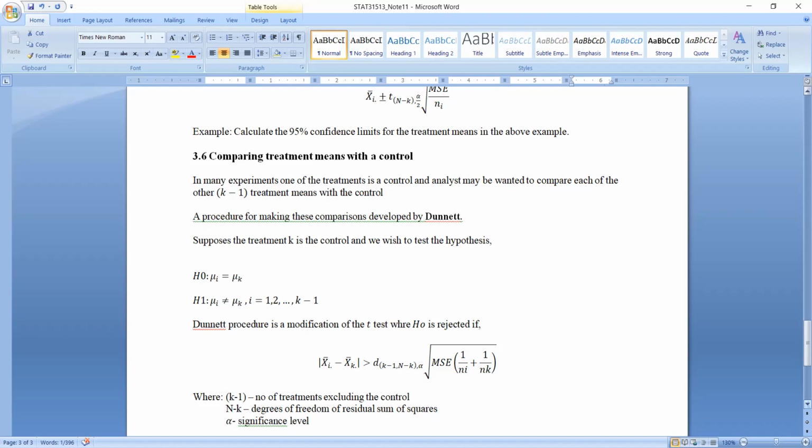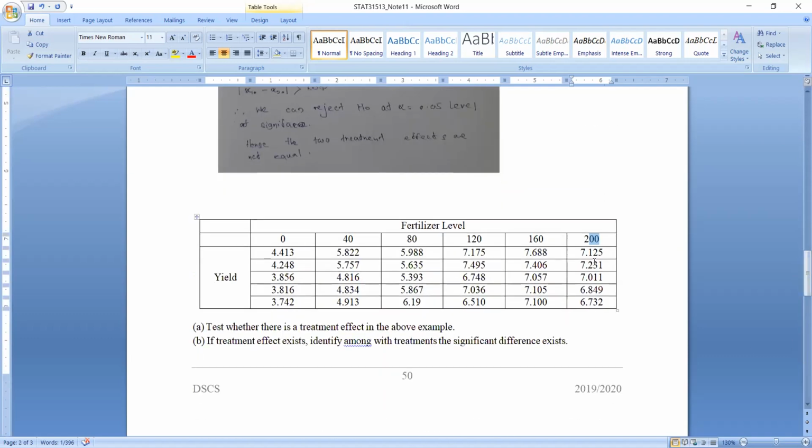a control group. For example, if you look at the fertilizer example, here we have six different treatment levels.